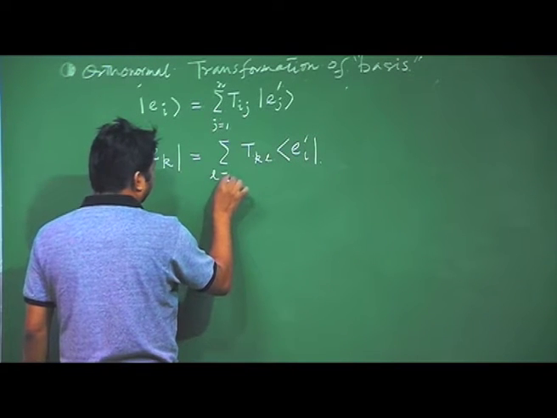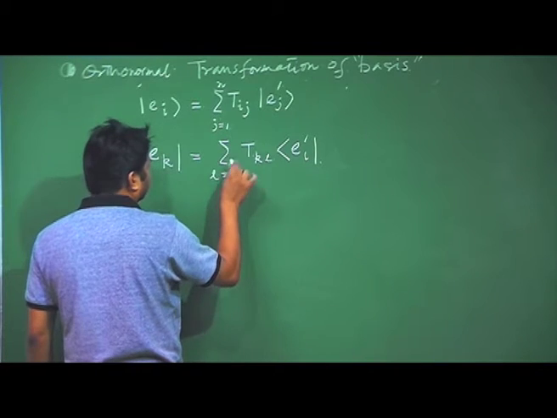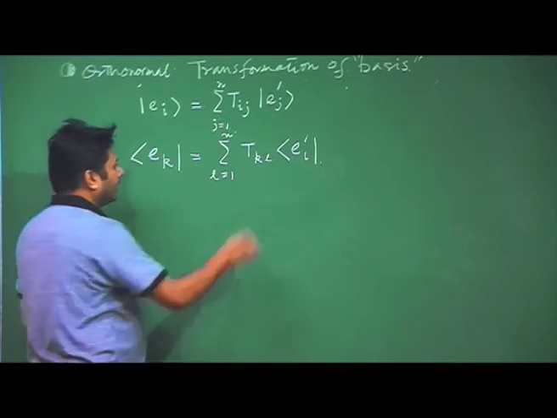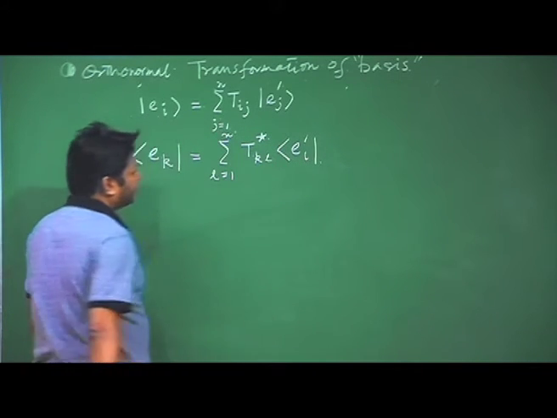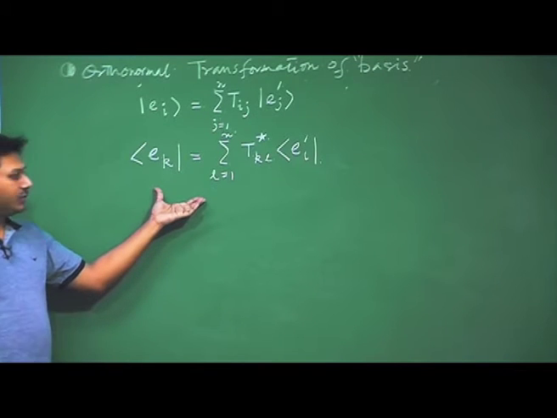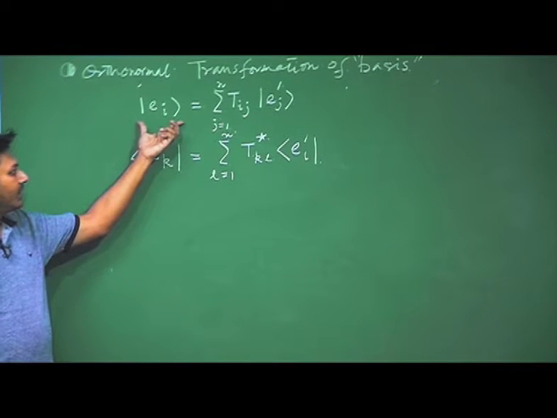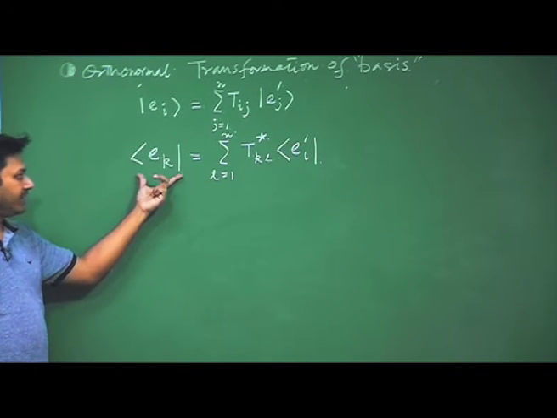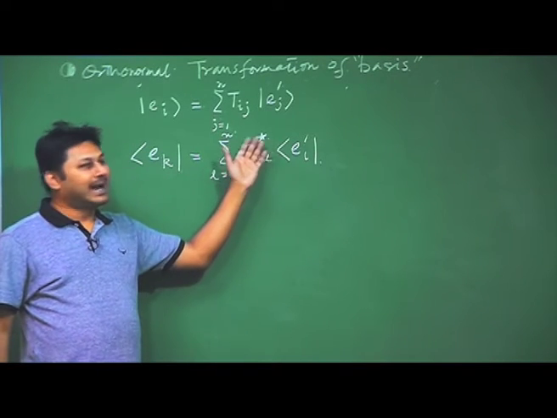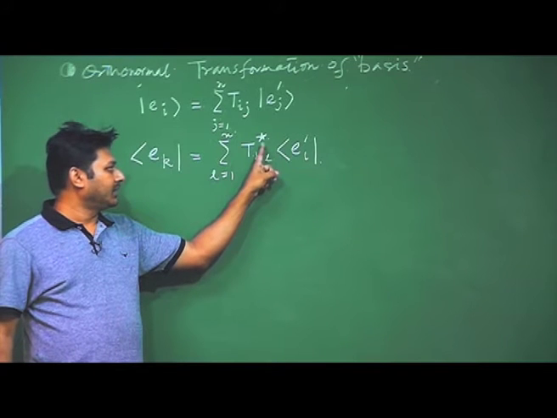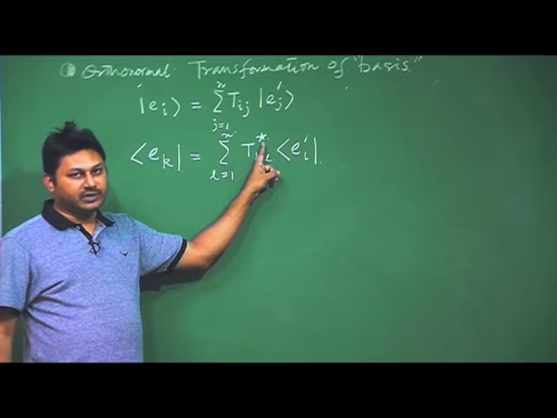Here l runs from 1 to n, where Tkl has to be starred, because if you remember the dual conjugation thing, when I transform a kth vector to a bra vector, which is multiplied with that, here it is a number, it should be made in such a way that I can put a star here.